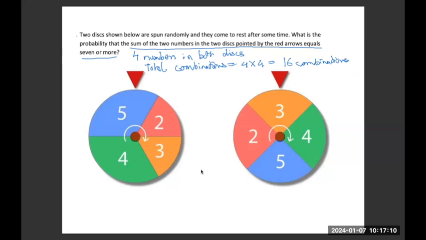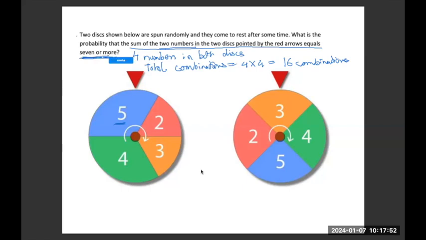Now, I'm not looking at all combinations, but only those combinations whose two numbers equal 7 or more. When I take up, say, a number 5, I'm not going to list down all the possibilities, but I'm going to take up one number at a time and find which numbers I add on will give me a sum of 7 or more.